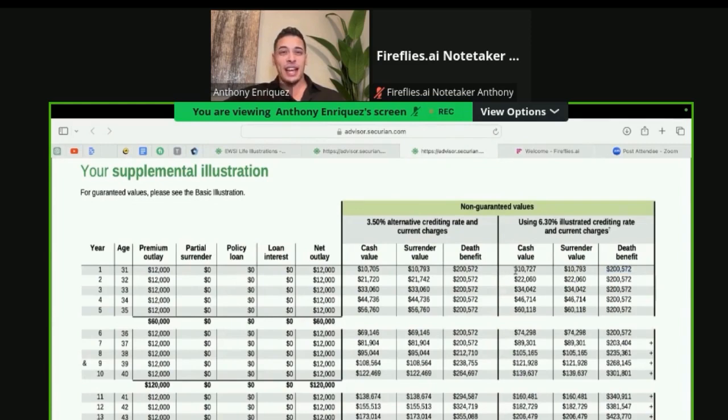In any IUL, when the premiums go into the policy, the first thing that happens is the insurance company will take out the funds for the fees of the policy, and those are going to cover your cost of insurance and your premium expense charge, which is a state guaranteed fund. Each state has a regulation where they will actually take typically 7% of whatever the premium amount is, and that will go to the state guaranteed fund.